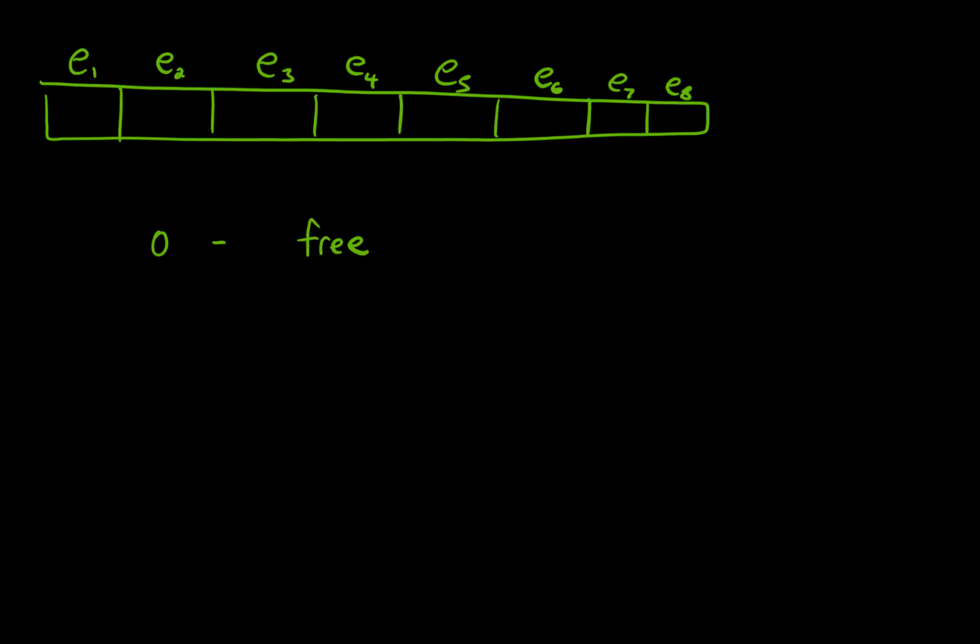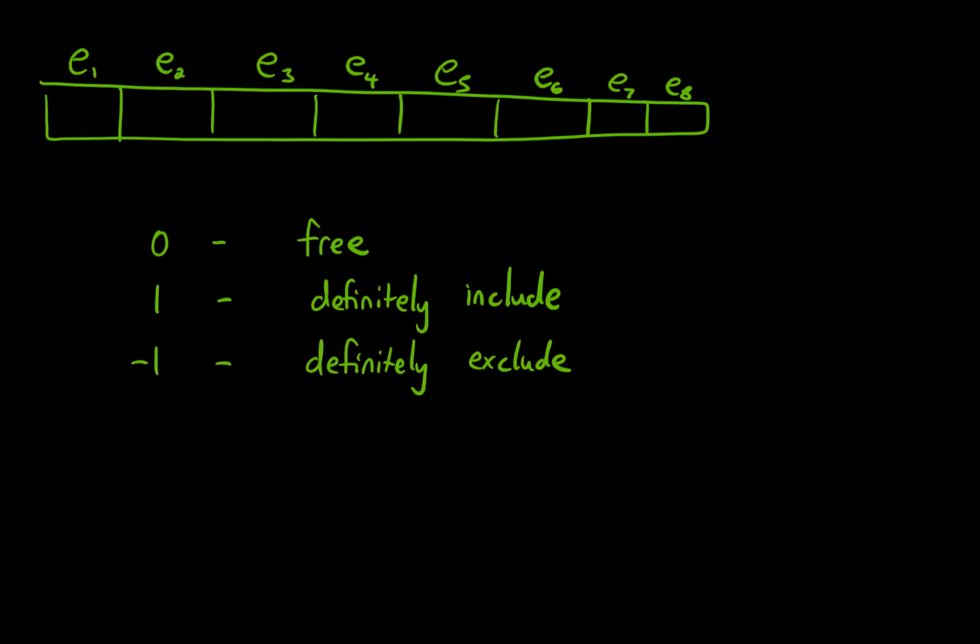So I can choose to include this edge or not include it in my solution. I'm going to add 2 more labels. The next label is 1, which stands for definitely include this edge, and another label, -1, saying definitely exclude this edge. Don't take this edge at all.